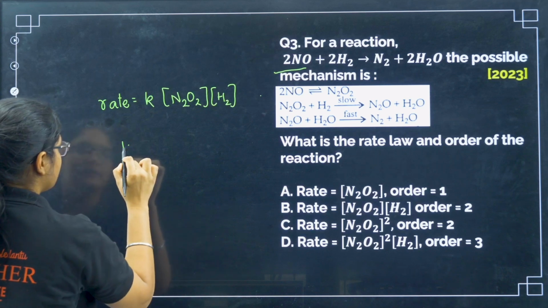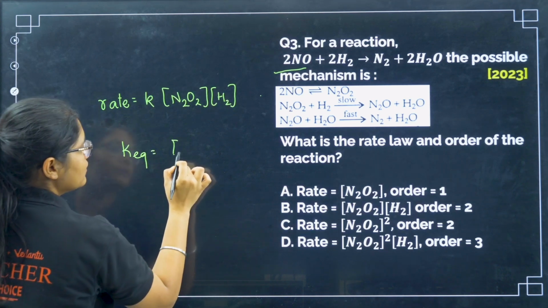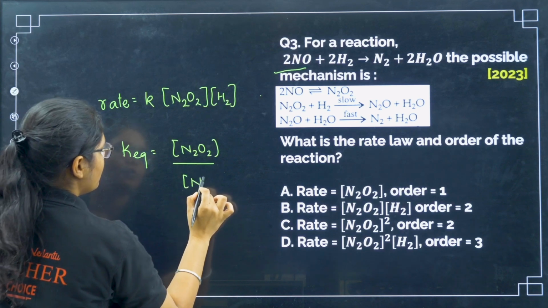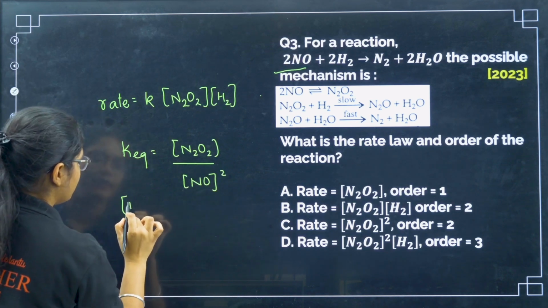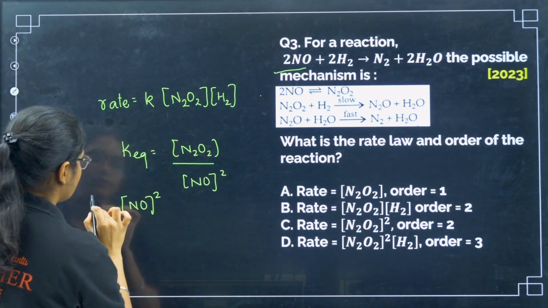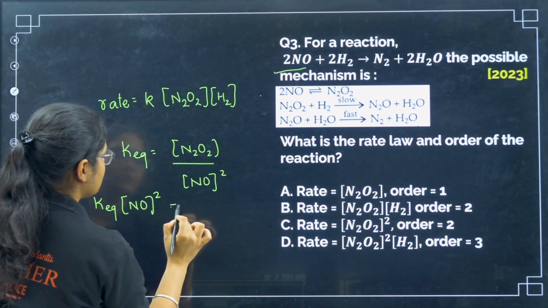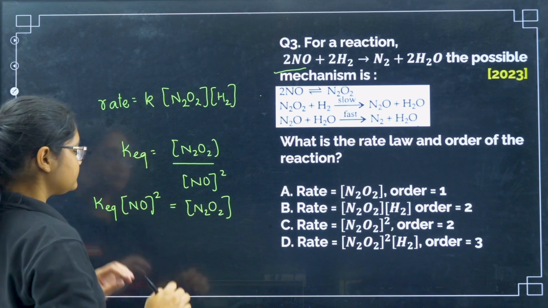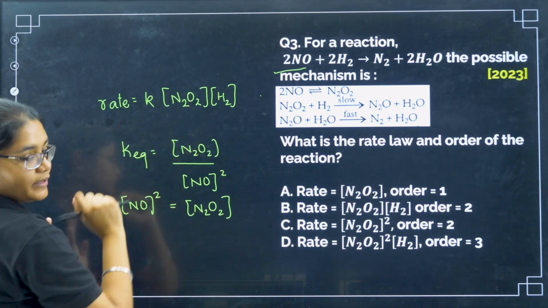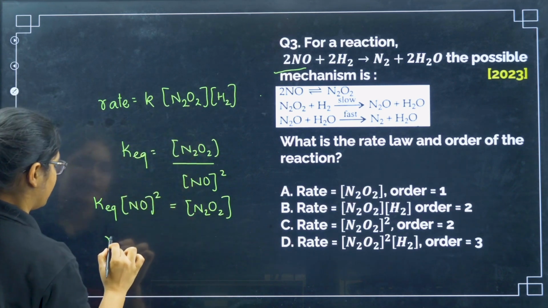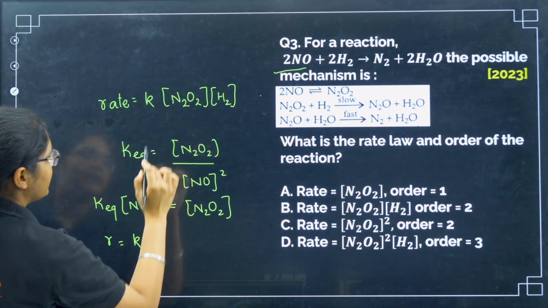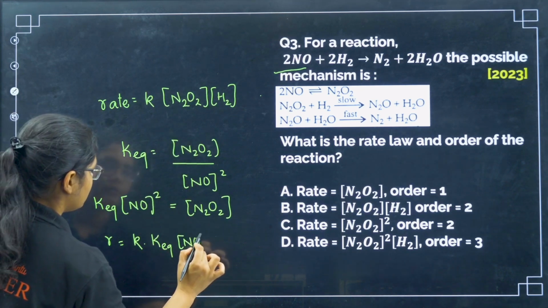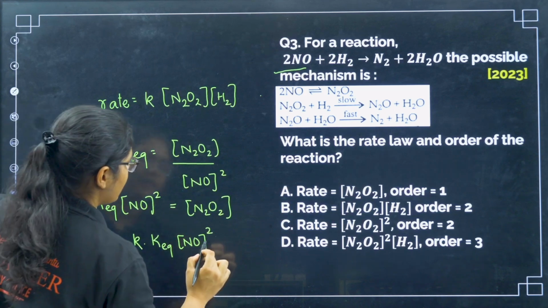There I can write K equilibrium is equal to N2O2 divided by NO square, or N2O2 equals K equilibrium into NO square. Now substitute this value, so I will get rate equal to K into K equilibrium into NO square, then H2.